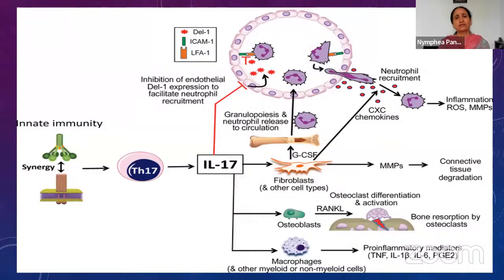So if you look at the functions of cytokines, particularly this IL-17 cytokine that comes from Th17, you would see that it not only affects the formation of these... we always thought that neutrophils came first, and then they went out.